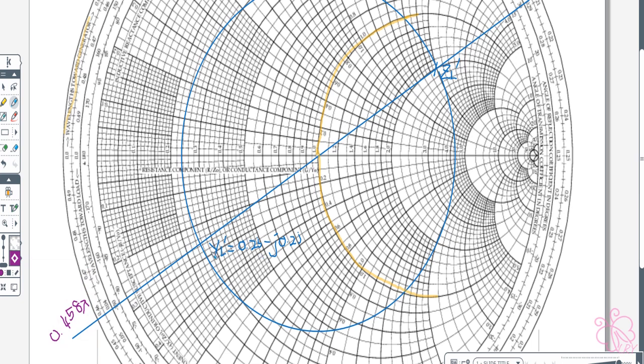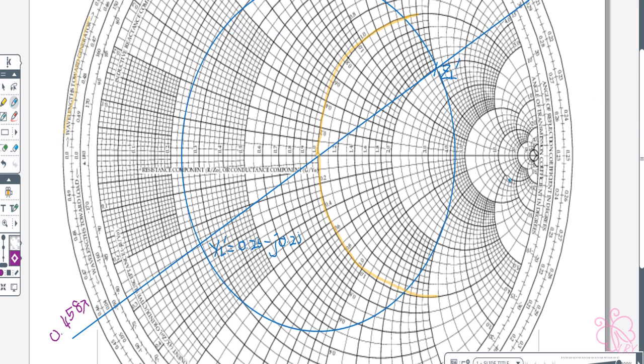From our YL point, we rotate with wavelength towards generator, which is clockwise. The first intersection that we meet is this point. Not this one, because if we go anti-clockwise, that will be wavelength towards the load. We're going for wavelength towards generator, so we go clockwise.